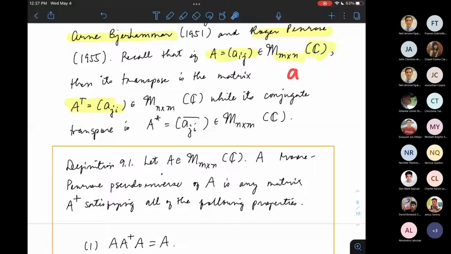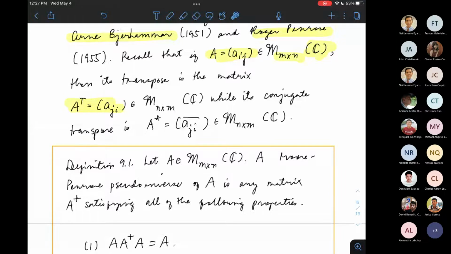Remember, if you have a number a plus bi, ang kanyang conjugate, lalagyan lang natin ng bar yung complex number sa ibabaw. Ito ay equal lamang sa a minus bi. Right? So, yung transpose, babaliktarin mo lang yung row at saka column number, pero pag sinabi kong conjugate transpose, ita-transpose nyo yung matrix, pagka-transpose nyo, i-conjugate nyo lahat ng mga entries.